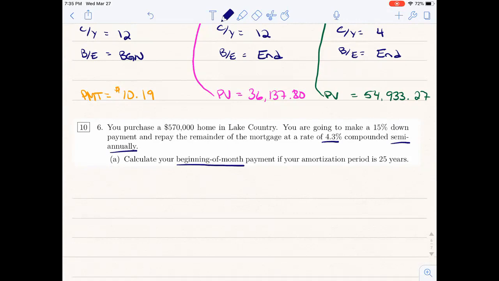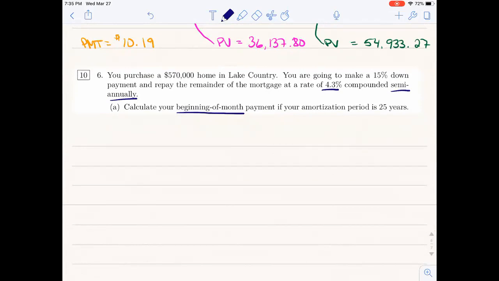For this, to calculate your payment amount, just use your calculator. So what I'm going to do is I'm going to say, okay, well, the mortgage, the amount of the loan is $570,000 minus the down payment.